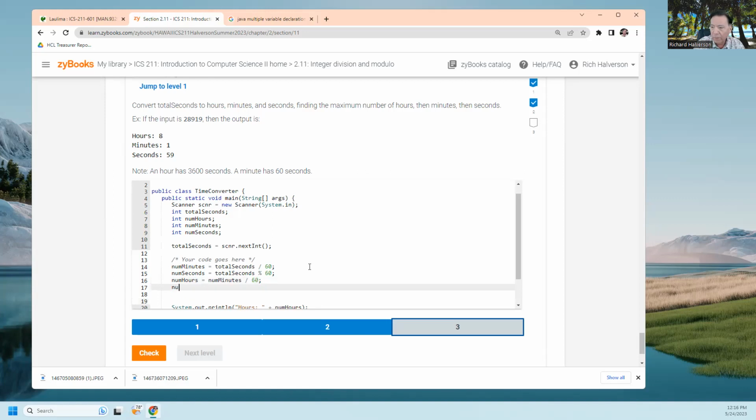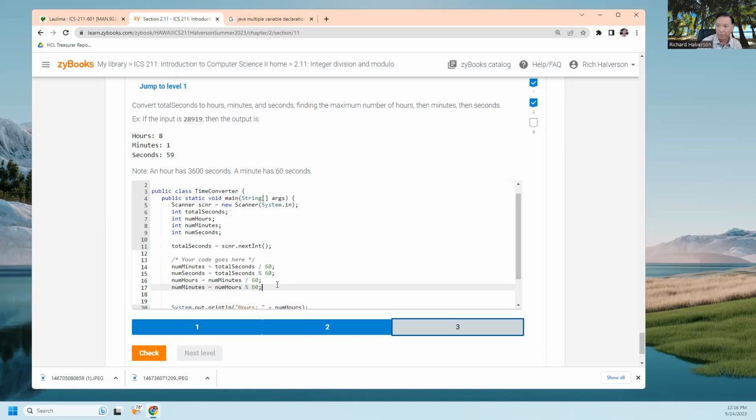And the number of minutes now equals, is this right, 60 mod, minus, I'm going to guess mod.